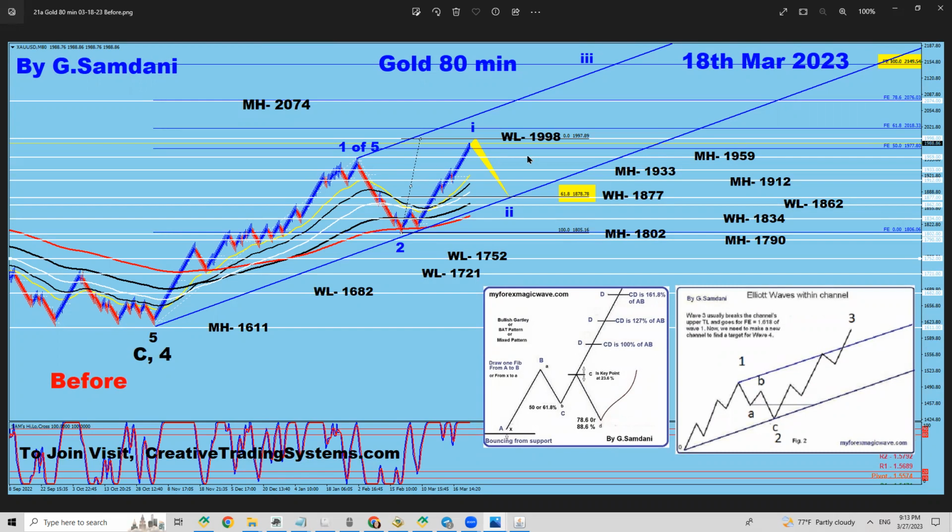And that's where I made the chart, even though I didn't have a single red candle. But I said, no, it's not going to go up. It's going to go down now, because this could be subwave 1 finishing around 1998. And then it's going to drop for subwave 2, around 61%, having a zigzag.